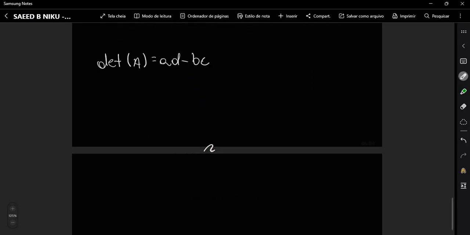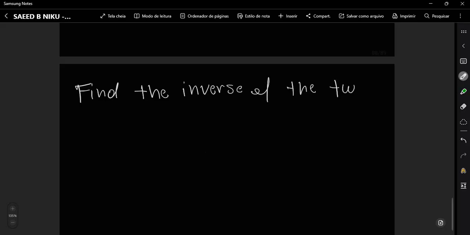So now let's solve an example. Find the inverse of the 2 by 2 matrix below.